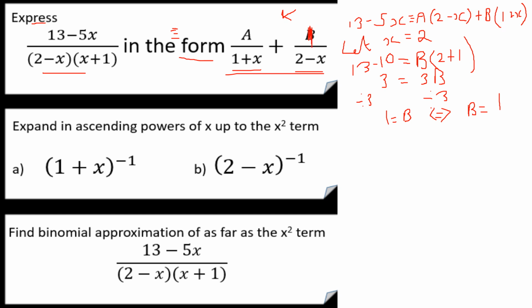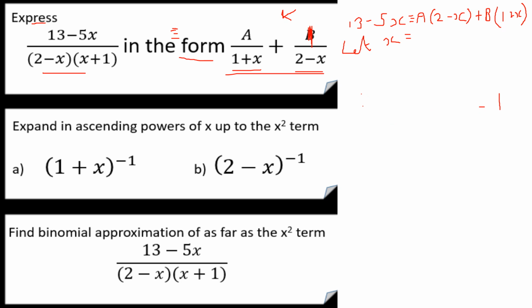So I can replace that with the number 1. That's the first part, guys. The next part, I'm going to let x equal minus 1, and the reason for that is it eliminates the value of b, because if x is minus 1, then I have 1 plus minus 1, which is 1 subtract 1, which is 0.